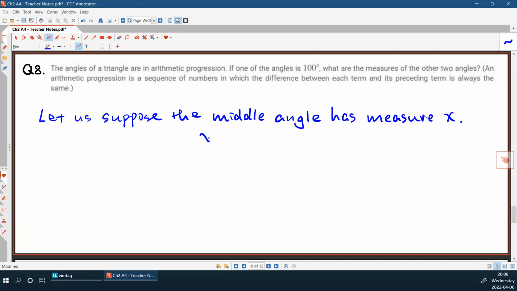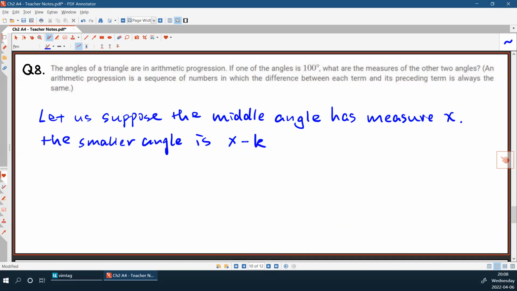If the middle angle is x, then we can say the smaller angle is x minus, let's say, k.